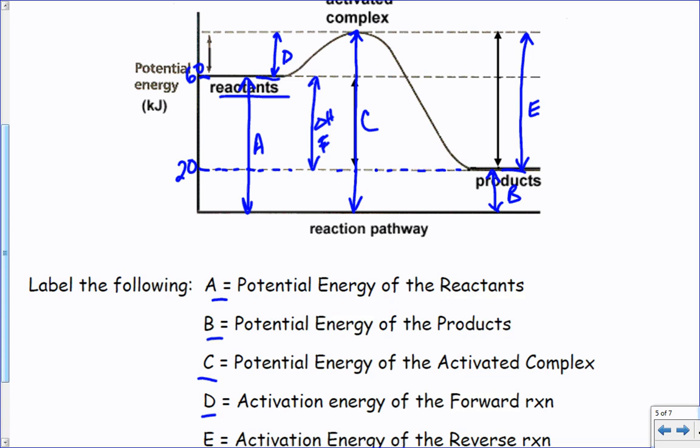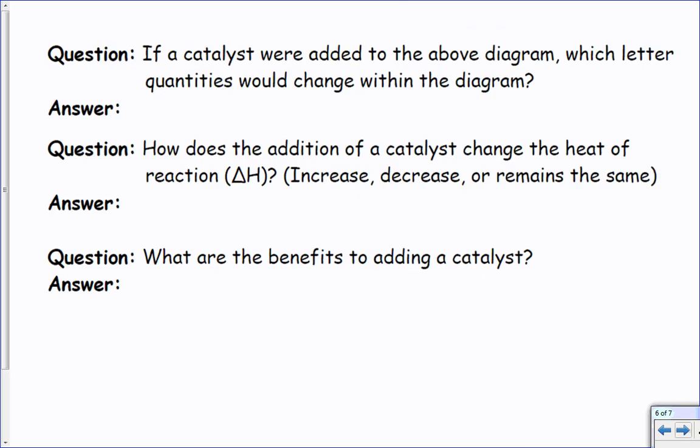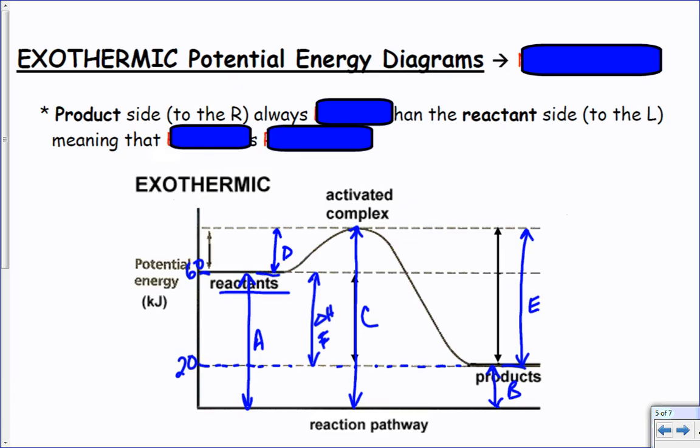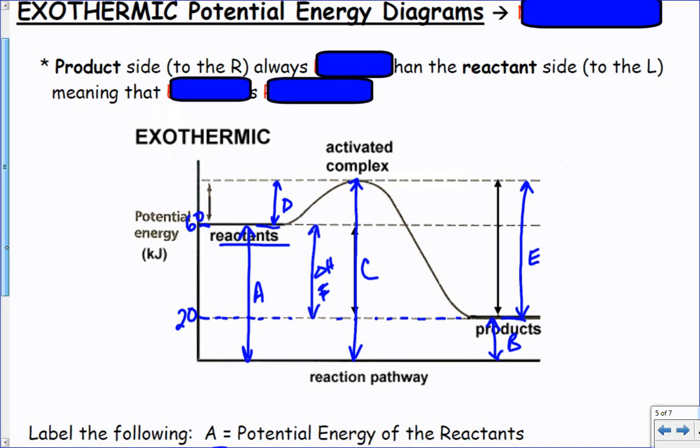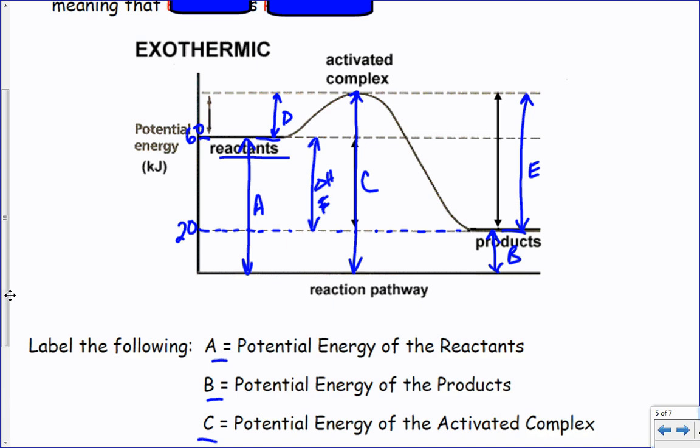Good. We just learned all the major parts of a potential energy diagram. So question: if a catalyst were added to the above diagram, which letters or quantities would change? Well, let's go back to that diagram so we can see what it would look like if I added a catalyst.